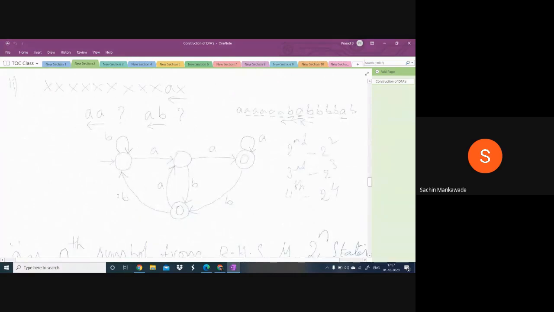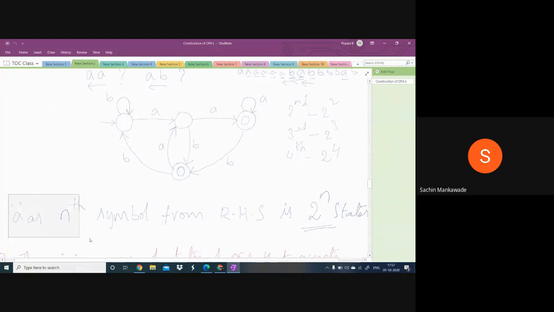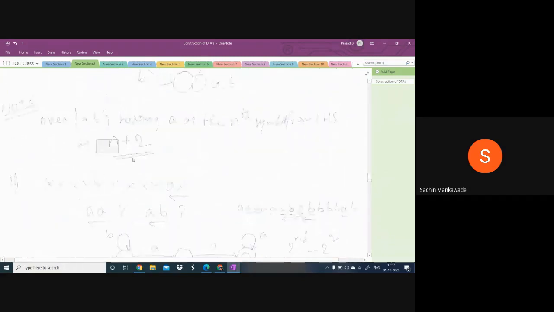That time I told you the minimum number of states of a DFA over A, B that accepts all strings having A as the nth symbol from the right hand side is 2 power n, whereas from the LHS it is n plus 2. This is LHS, having A as the nth symbol.